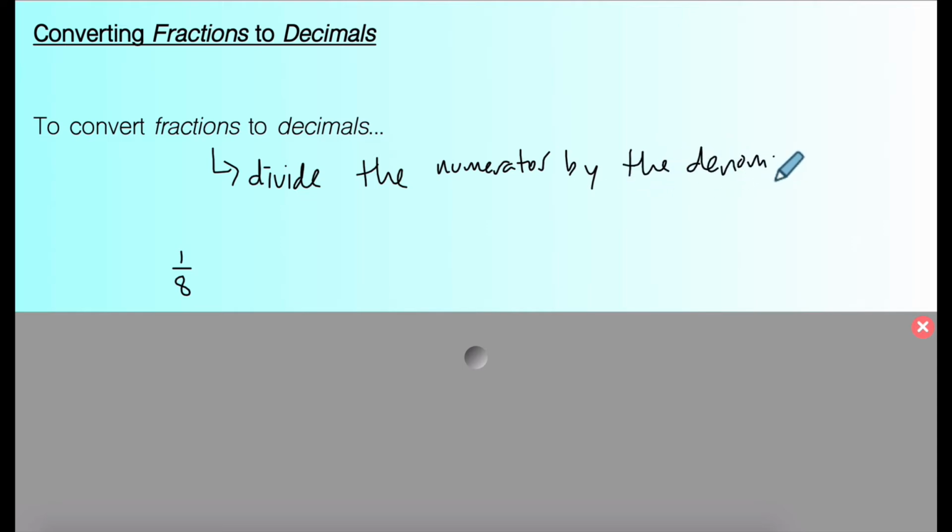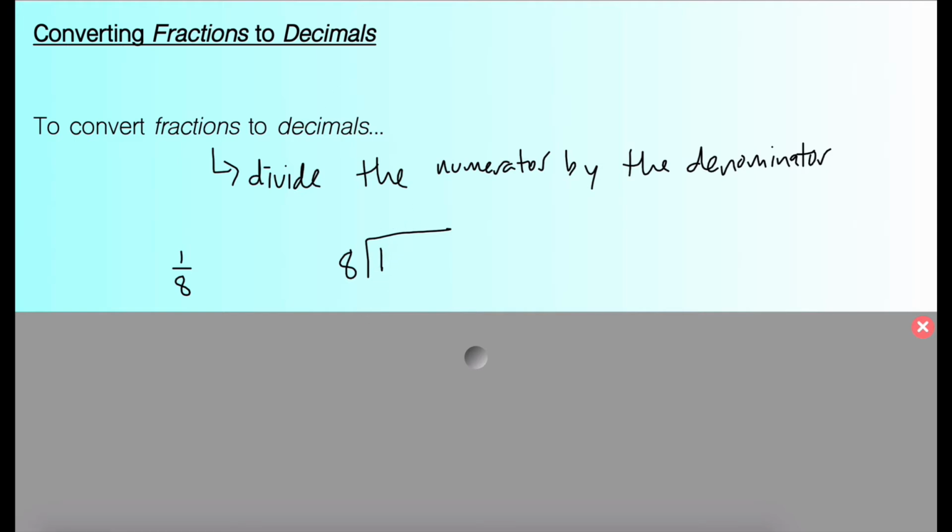There's nothing more to it. Really what you need to do is practice, because once you've done this multiple times and get used to going from a fraction to a decimal, it's quite simple. So let's look at this very first one, 1/8. This is a fraction, and I want to take it to a decimal. So I'm going to divide the numerator, 1, divided by the denominator, which is 8.